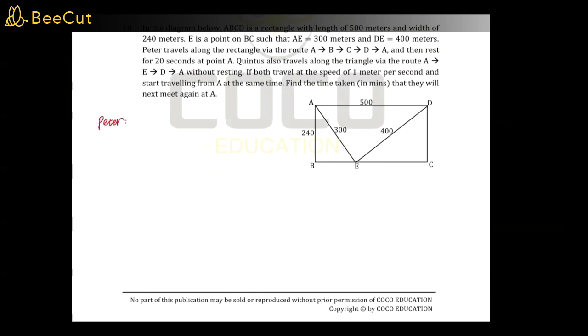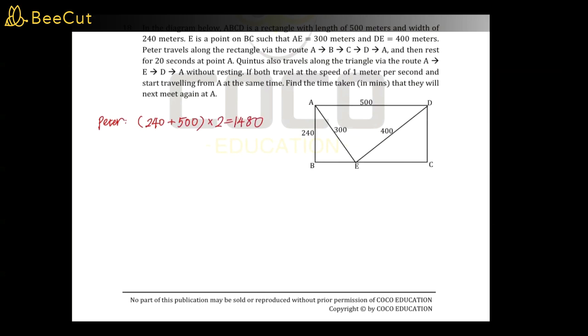Okay, so A is 240. There's AB. Then BC is 500. Right, so the perimeter of the rectangle is 240 plus 500 times 2. That's 1480.